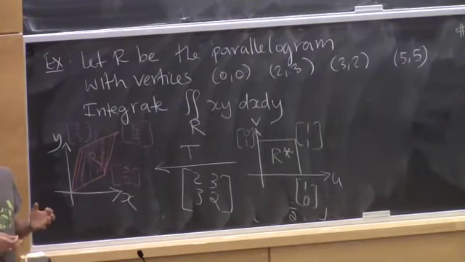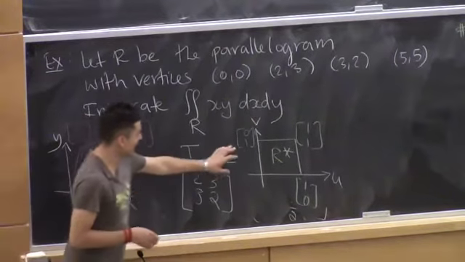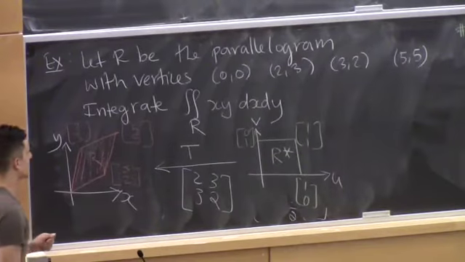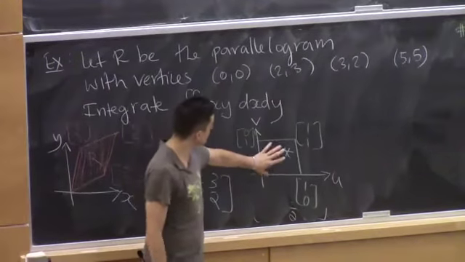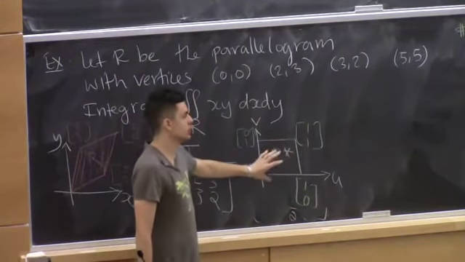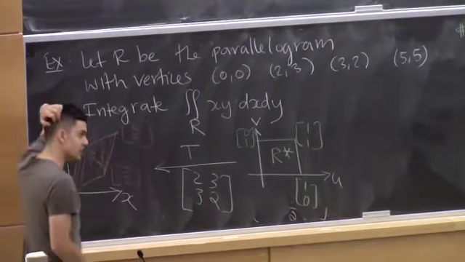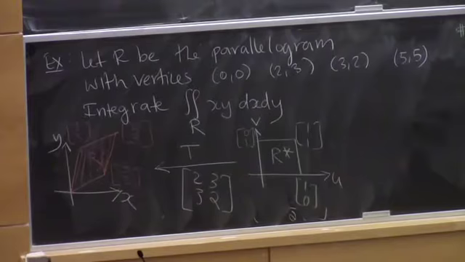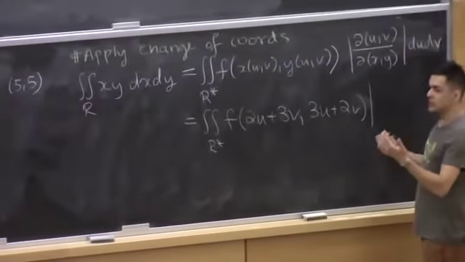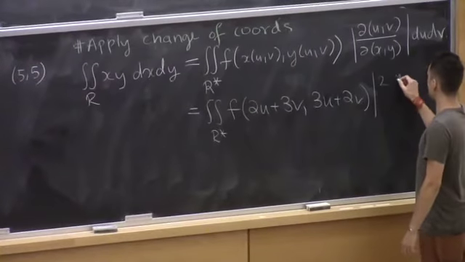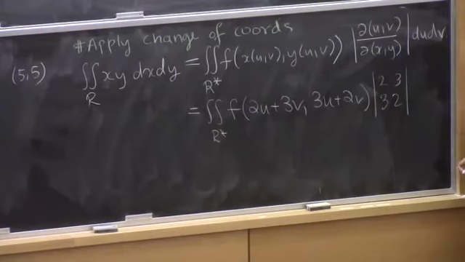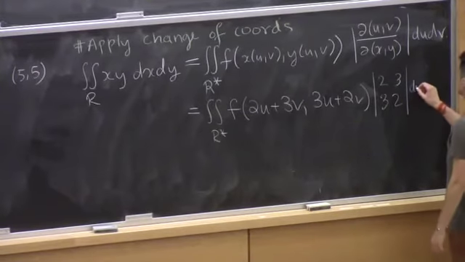I'm usually quite picky about labeling axes, and this is one of the times when it pays off, because now we can make a distinction between the stuff going on in uv coordinates and the stuff going on in xy coordinates. All right, when we calculate this Jacobian, it's a linear transformation, so we've got the same matrix as the transformation matrix.